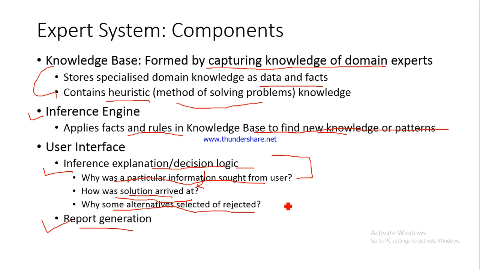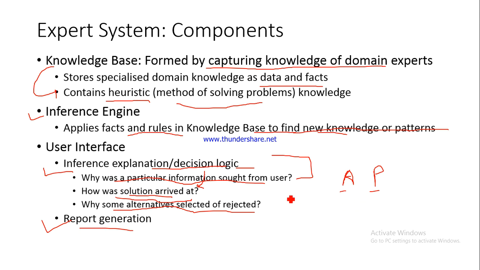In our case, for example, supposing the expert system tells us that you need to invest in project A and project P, right? So these are different types of projects. Supposing we had 20 different projects, so project A and project P are the projects in which the user can invest. Now this is what is being told by the expert system.